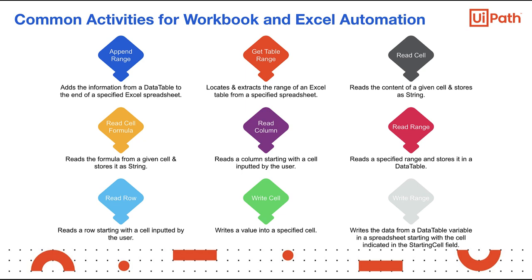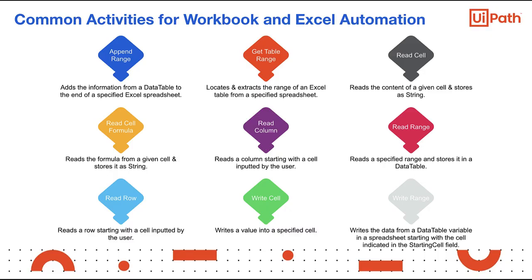Read cell reads the content of a given cell and stores the content as string. Read cell formula reads the formula from a given cell and stores it as a string. Read column reads a column starting with a cell inputted by the user. Read range reads a specified range and stores it in a data table.